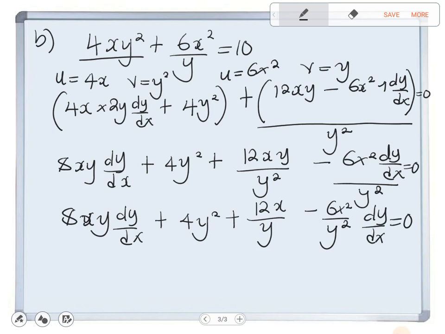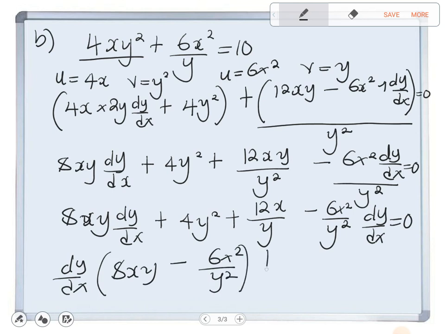Now these two terms can be grouped so that we can take out dy/dx. So we get dy/dx times (8xy minus 6x squared over y squared) plus 4y squared plus 12x over y equal to 0.